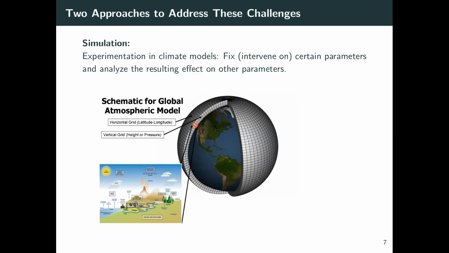But of course, the extent to which these results transfer to the real world is limited by the realism of the models. And there's a lot to do about using different climate models in an optimal way to predict climate projections.